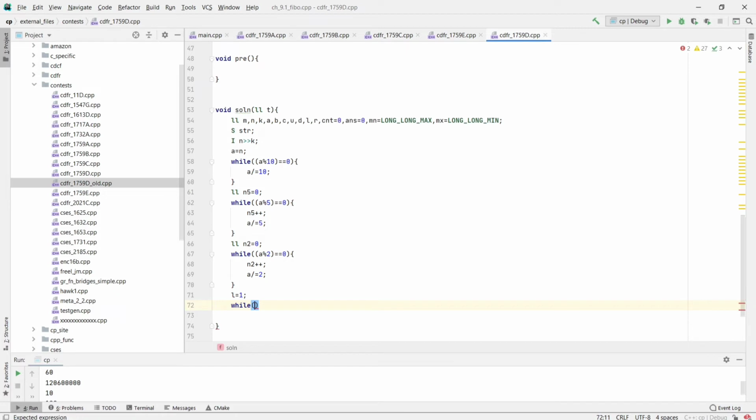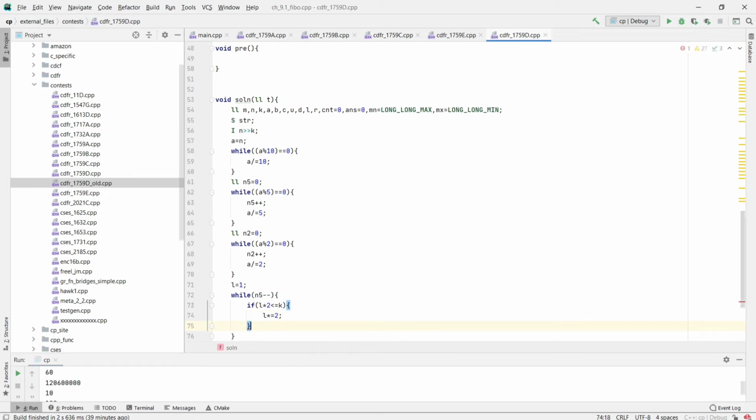We check if we can multiply by 2: when there is already 5 inside N, that is n5, we check if L multiplied by 2 is less than or equal to k, then we multiply it with 2.